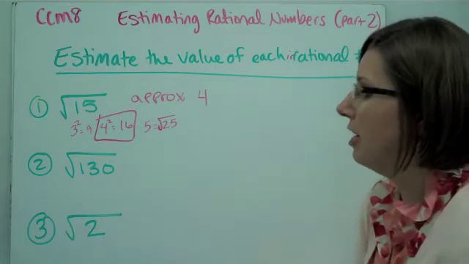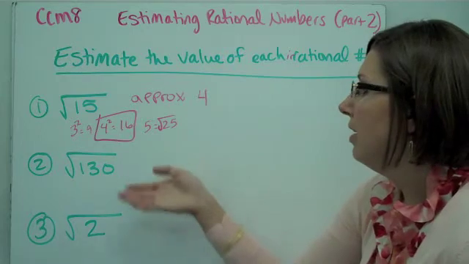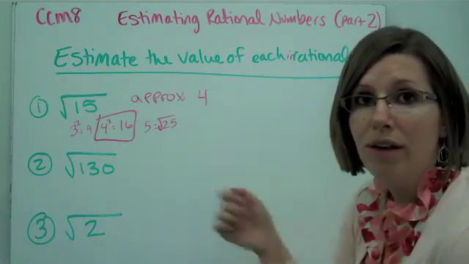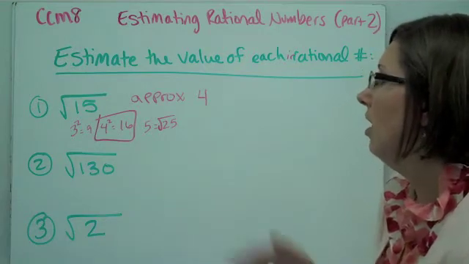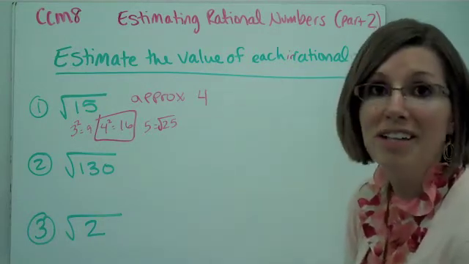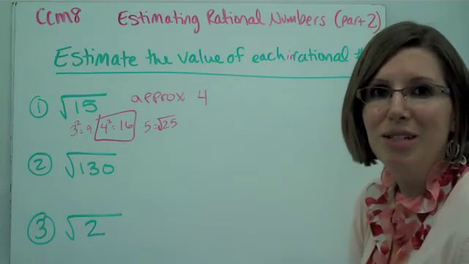Why don't you try number 2 and number 3 by yourself? Think about what perfect squares are closest to that value, and see what you think the closest value of each irrational number is. Pause the video, and then when you're ready, push play, and I'll show you the answers.